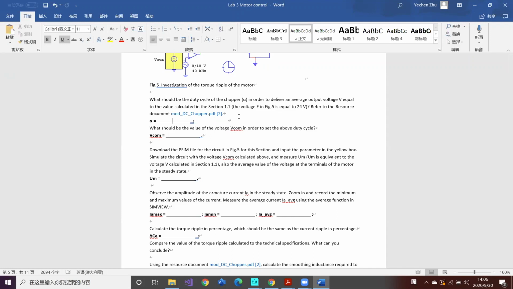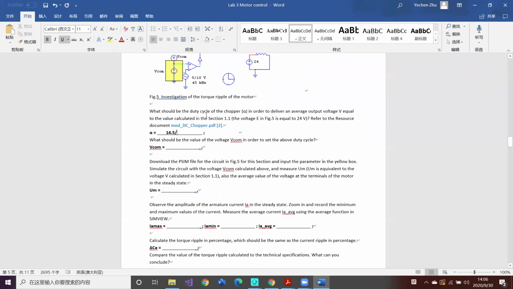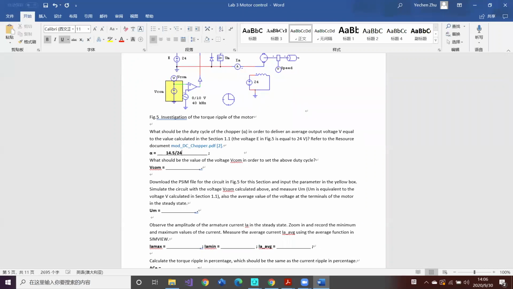So we use 14.5 divided by the input voltage, 24, and what we got is 60.42 percent.